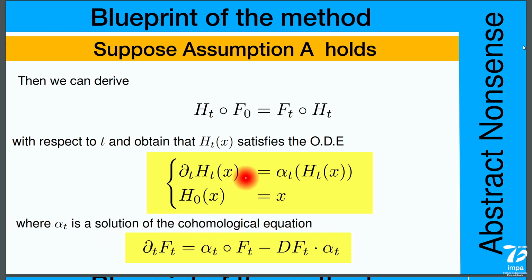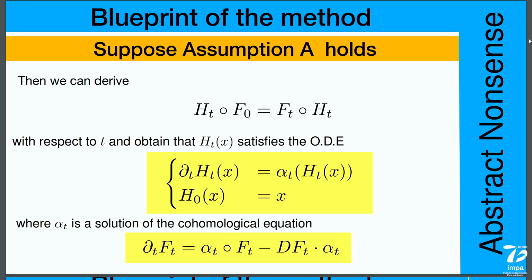So suppose you have a family of deformations. You don't have bifurcations in this family f_t. So the family of conjugacies satisfies this ordinary differential equation, and you can usually calculate the alpha t a priori. So you don't need to know the conjugacies to calculate alpha t, okay?